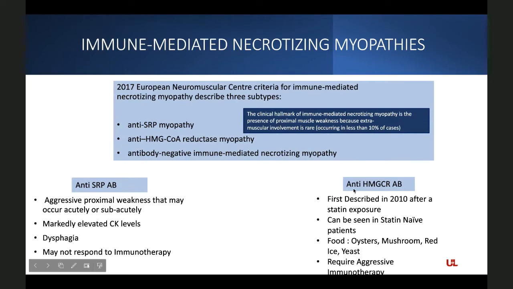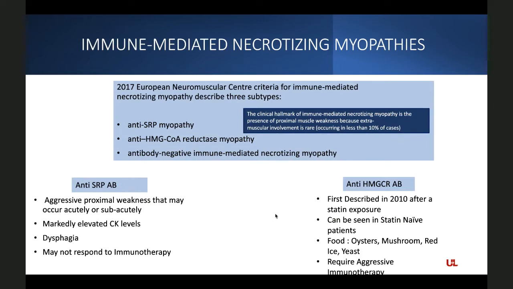We see anti-HMG-CR antibodies quite often, at least here. This antibody was first described in 2010, after a statin exposure. But over the years, we have learned that it can happen in statin-naive patients as well.